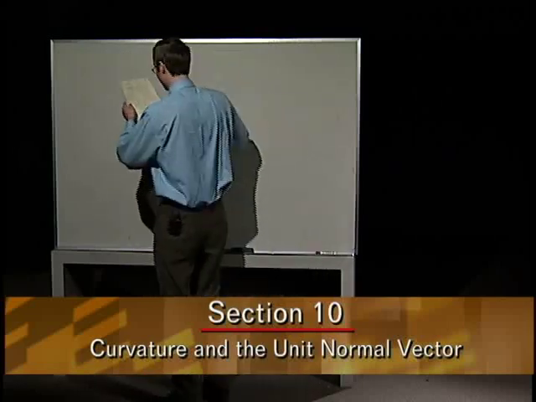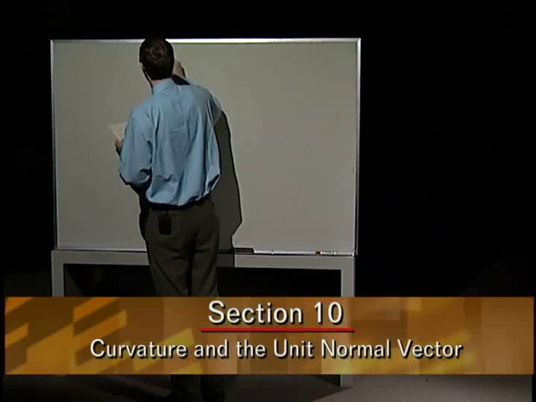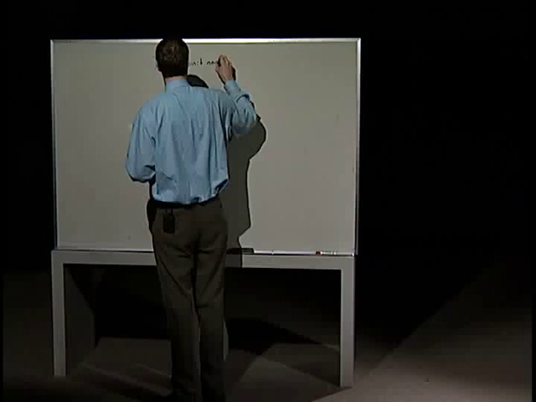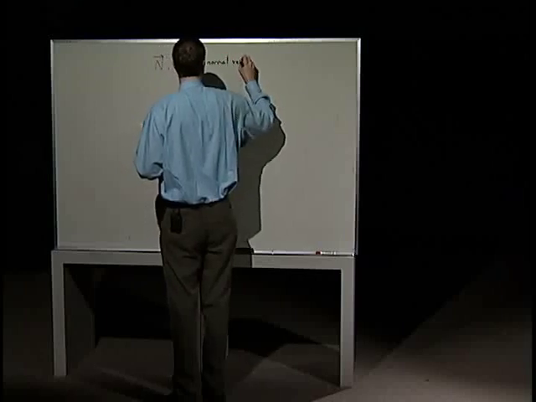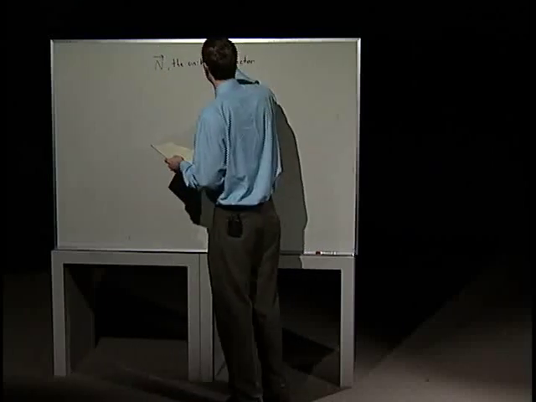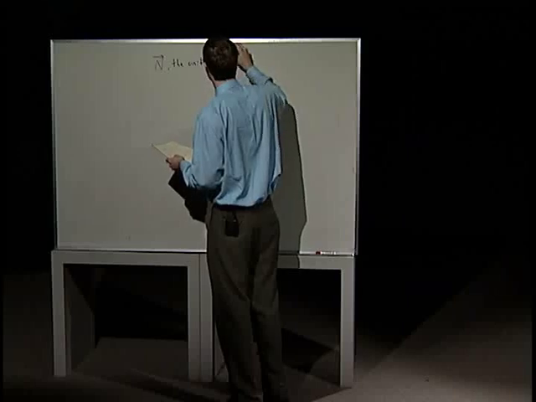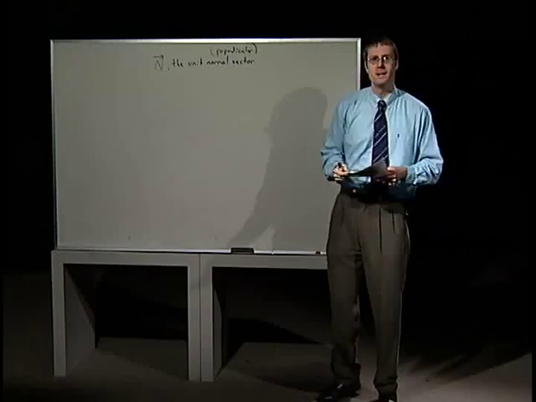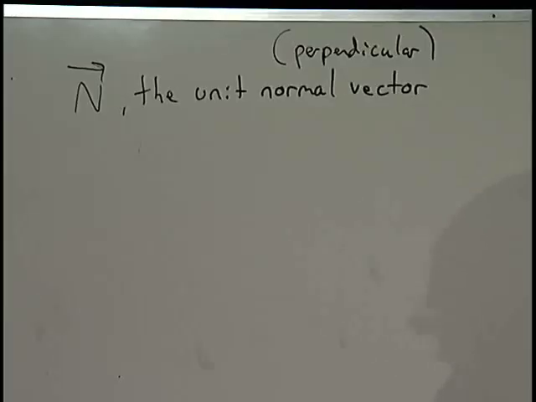What else is important to us? Well, what about big N, the unit normal vector? And remember, normal just meant perpendicular. So this vector should be not tangent to the curve, but perpendicular to the curve at time t.